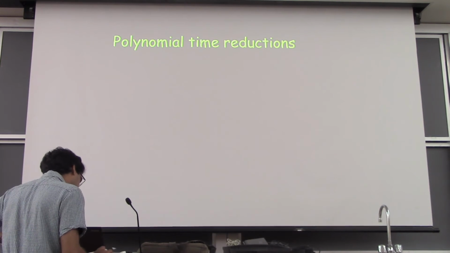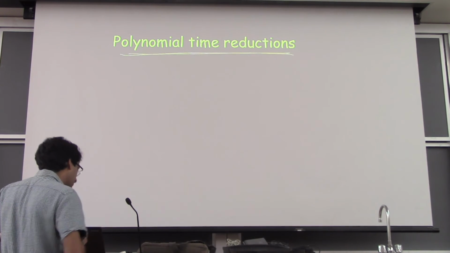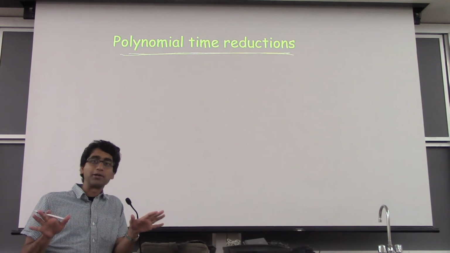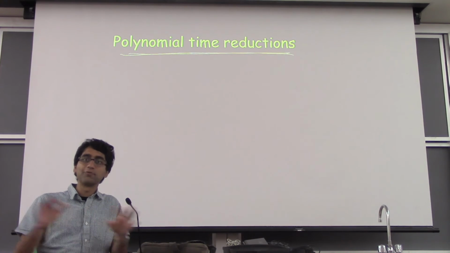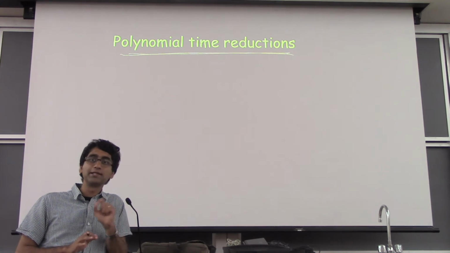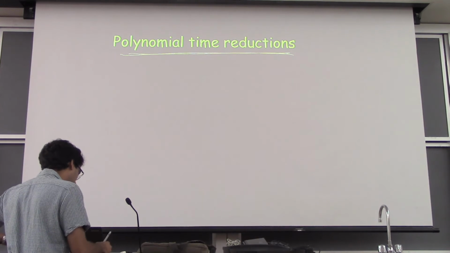In the remainder of the course, and in computer science most of the time, when we think of polytime reductions, you usually just think of Karp reductions. This is something you should always keep in mind.